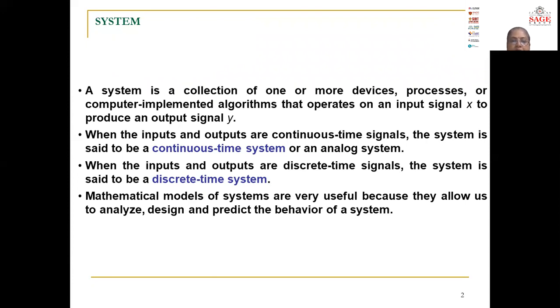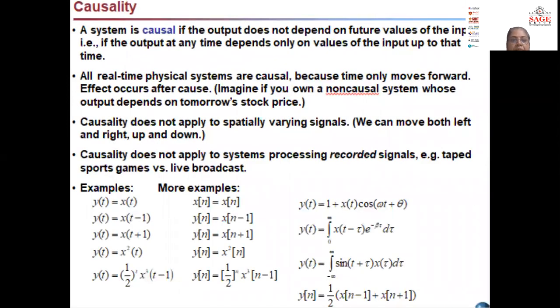Mathematical models of the systems are very useful because they allow us to analyze, design, and predict the behavior of the system. Now, to know the system, first we will discuss some important properties of the system. Causality.